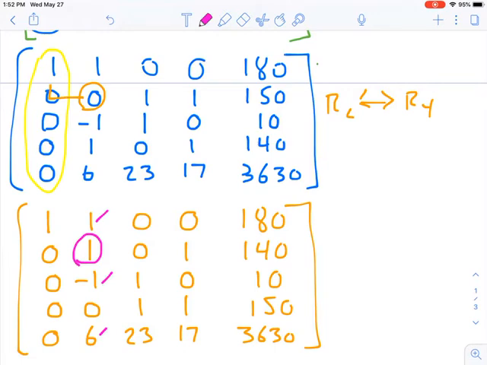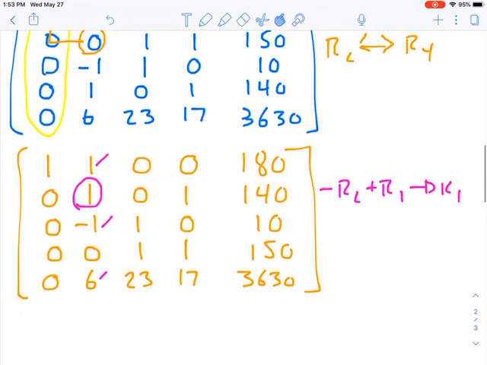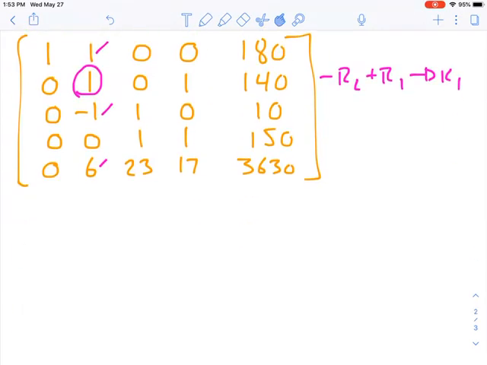The way I'm going to do that using my pivot is, once again, take negative row 2 plus row 1 to change row 1. So let's see how that's going to work.